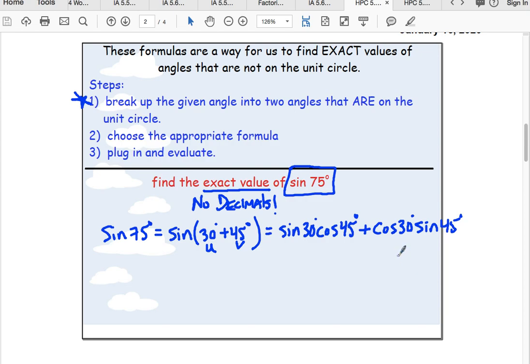Now I can go to my unit circle and look up those values. So looking at the unit circle, sine at 30 degrees is 1/2.